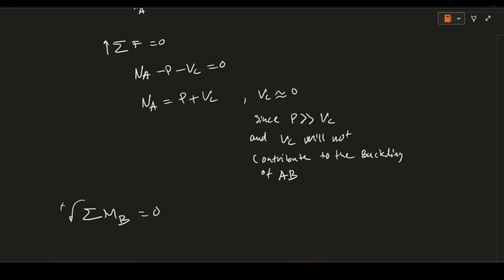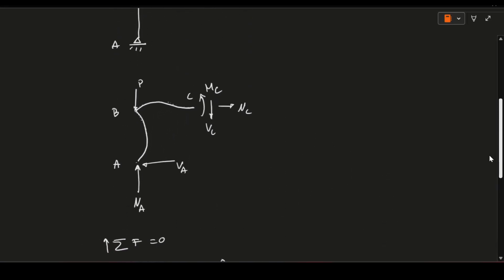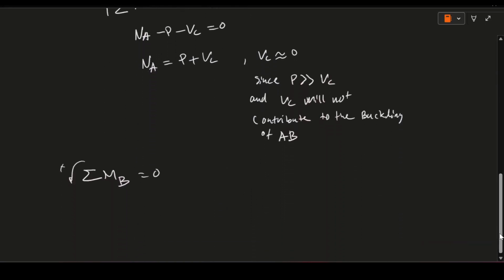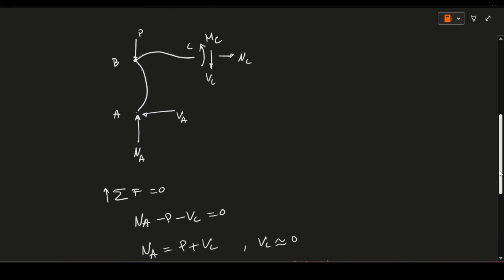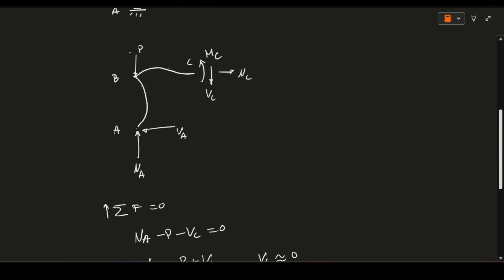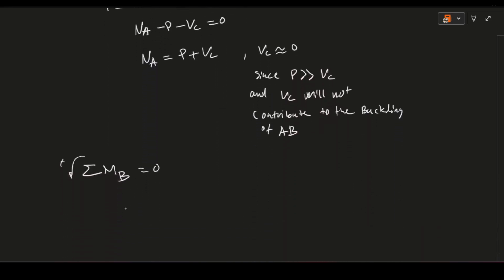We see that NA goes through point B, and VA has the arm L.